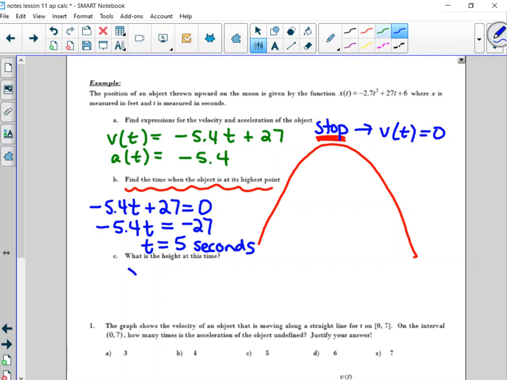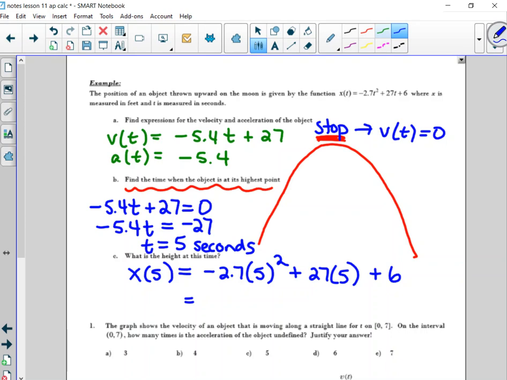What is the height at this time? That's a position question. So that's negative 2.7 times 5 squared plus 27 times 5 plus 6. There's a good chance you would have a calculator for a question like this when you have to do this amount of calculation.